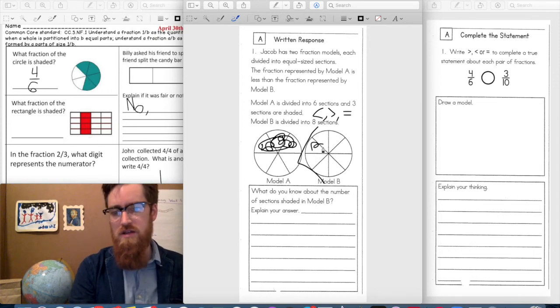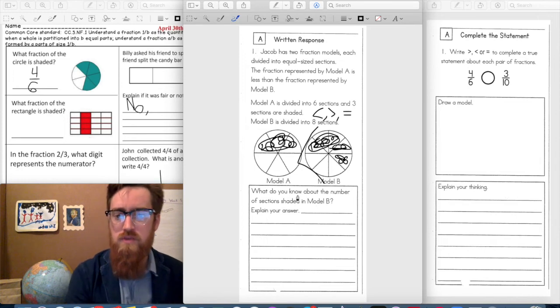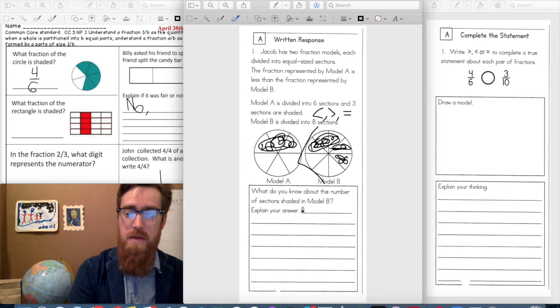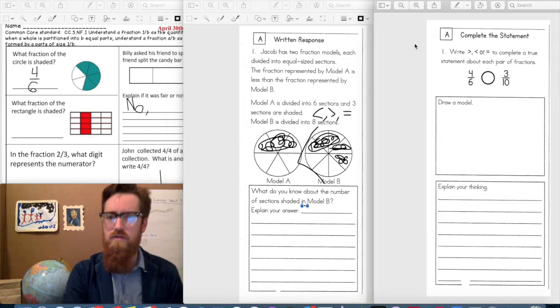If I shaded 3 in here, it's not equal, it's actually less. If I shaded 4, now they're equal. So it has to be more than 4. It could be 5, 6, 7, or 8. So what do you know about the number of sections shaded in model B? I would say it has to be more than 4, because 4/8 is half.